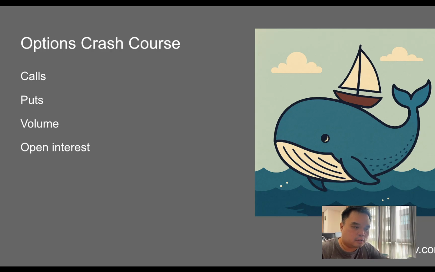So let's start the tutorial with a crash course on options. The big guys use contracts to buy and sell stocks because the number of stocks is very limited. Imagine this: remember when Warren Buffett bought Apple for 36 billion? If he showed up in the stock market with that kind of firepower, Apple would climb in record time, making his average price go up, and he'd be liable for market manipulation.